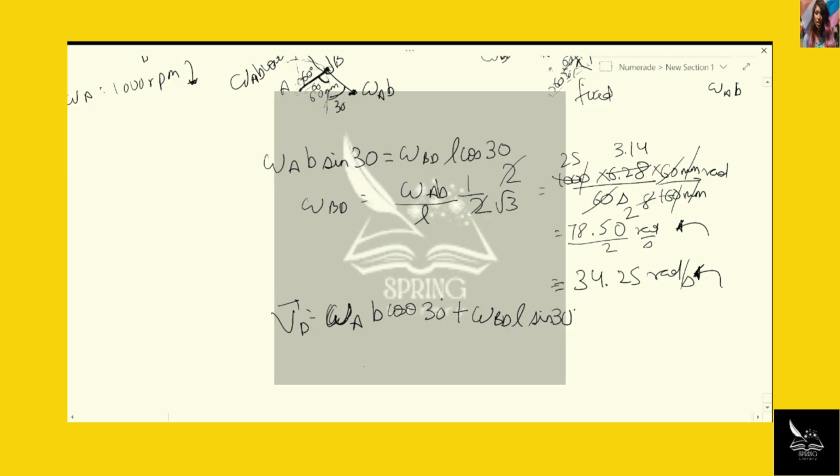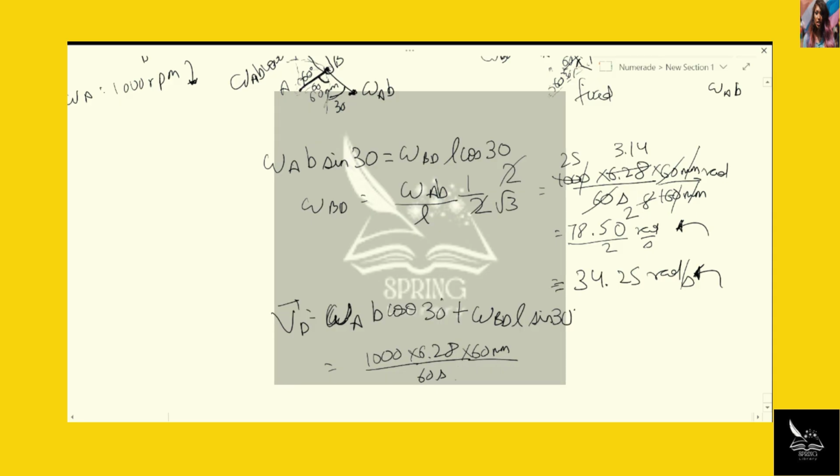And now we know all these values, so we just plug those values in. So omega A is 1000 times 6.28 divided by 60 seconds, multiplied by 60 millimeters. Oh, there is no length here, so yeah, only millimeters per second.